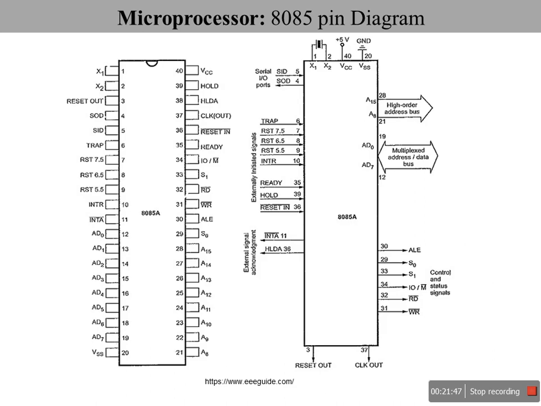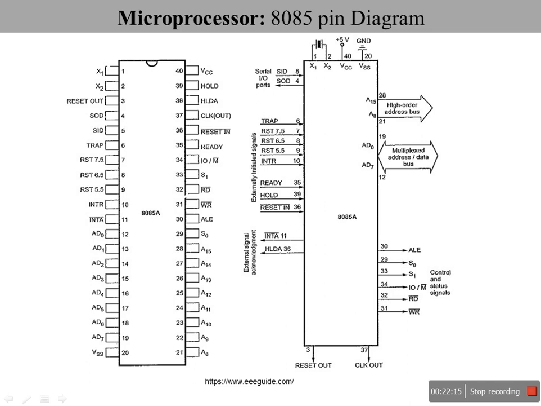This is actually the pin diagram of 8085. It is a 40 pin IC, numbered from 1 to 20 on this side, 21 to 40 on this side. 8085 is available as a 40 pin DIP, dual inline package. Pin numbers 1 and 2 are meant for connecting the external clock, that may be 3.2 megahertz.